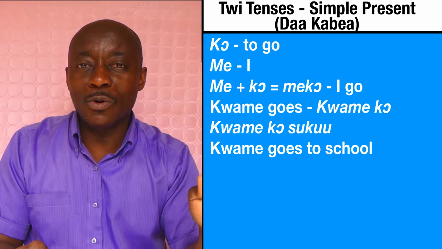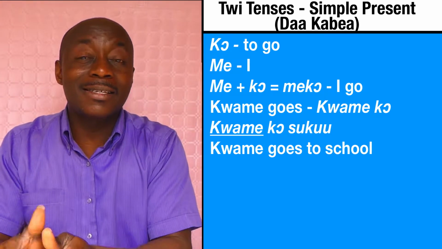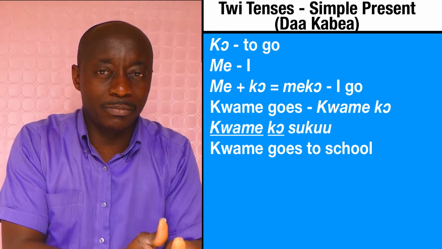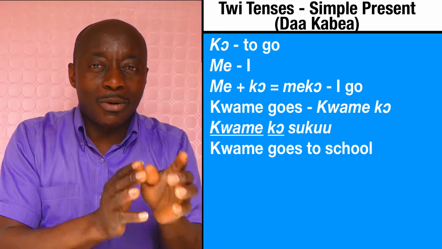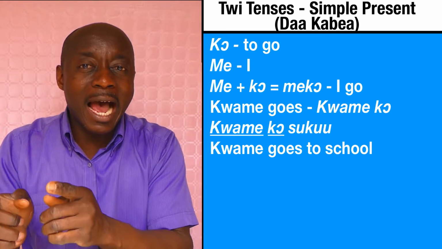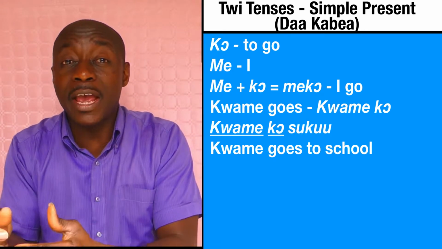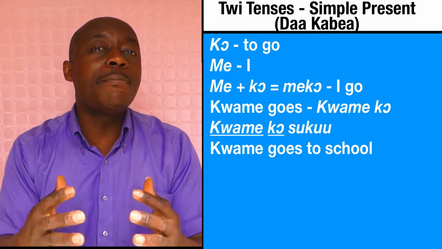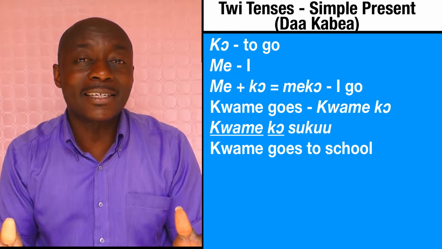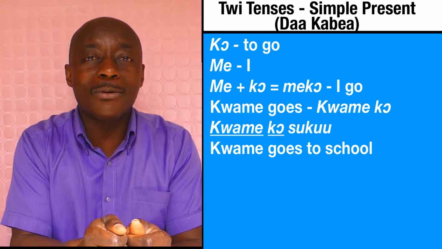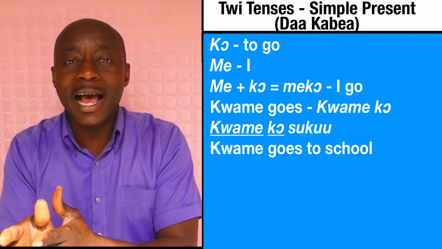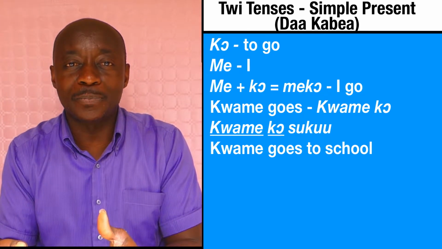Here, take note, I wrote Kwame separately from the verb ko, because I am using the proper noun, so I will not join the noun and the verb. But once I'm using a pronoun, then I will join the pronoun with the verb. I think it's quite clear now.